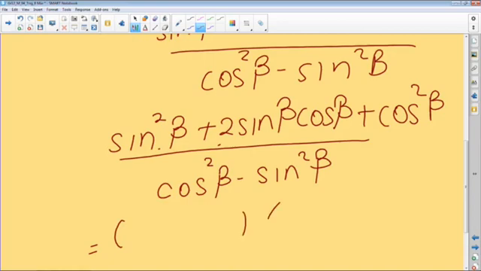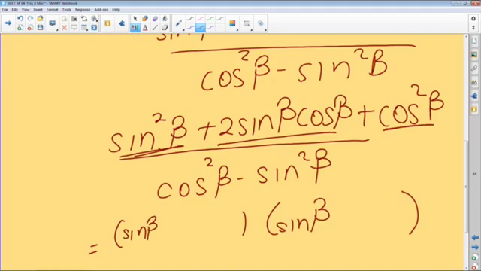Remember your trinomials, the sum of the factors of your first and your third term must add up to give you your middle term. So sine squared beta is going to be sine beta times sine beta in each of the brackets. And then my second term is cos squared beta, positive, so it's going to be plus cos beta plus cos beta.